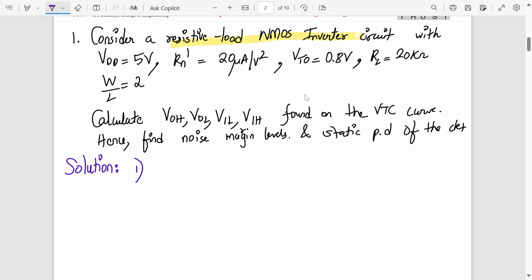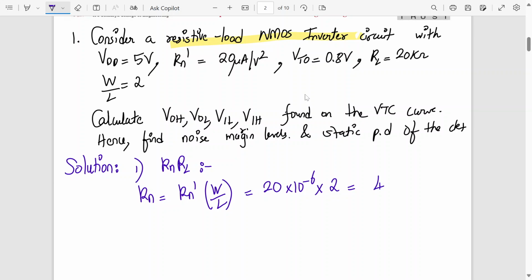So the first term we will calculate is Kn into RL because this will be repeated many times. So tell me what is Kn? Kn is Kn dash into W by L. This is 20 micro into W by L is 2, so this will be 40 microampere per volt square.